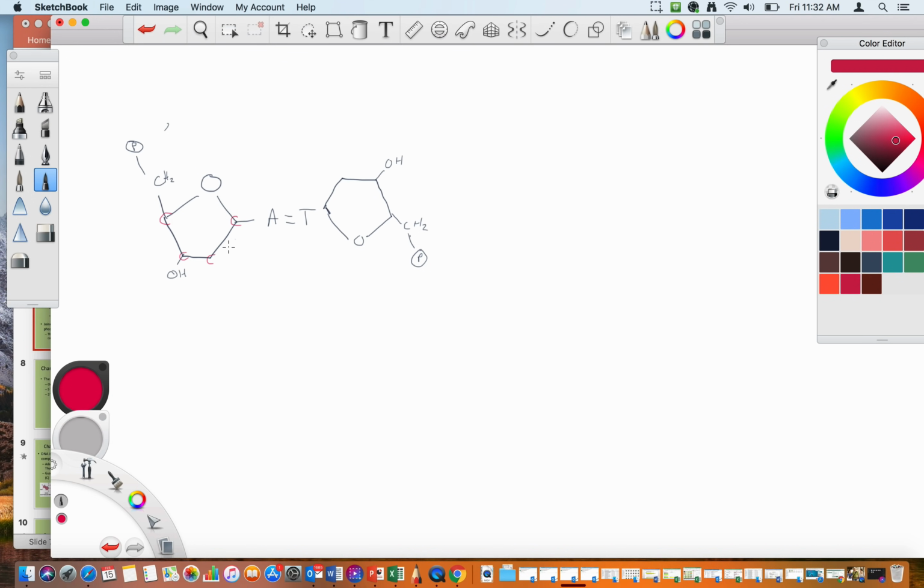If we count those carbons, we can get the designation of the 5' and 3'. Beginning with the oxygen and moving clockwise, we have 1, 2, 3, 4, and 5. Like I said in the previous slide, we have the 3' hydroxyl group, and we have the 5' phosphate group. So we have what we say is a 3' end and a 5' end of the nucleic acid.